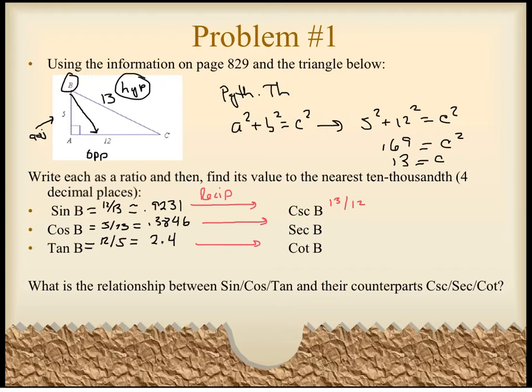It's 13 over 12. Secant is 13 over 5, and cotangent is 5 over 12. And these decimal values, once again, just crank it out on your calculator, is this one's 1.0833. Next one is 2.6. And then the last one is 0.4167. Okay?